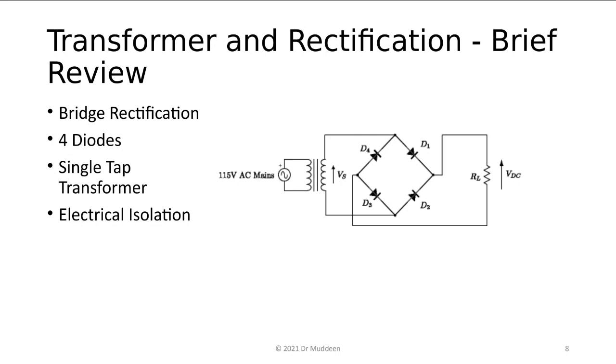And because the primary and the secondary are electrically connected, if you use an auto transformer for a regulated power supply or a DC power supply like what we have here, it means that the ground of the DC power supply is connected to the ground of the mains supply.